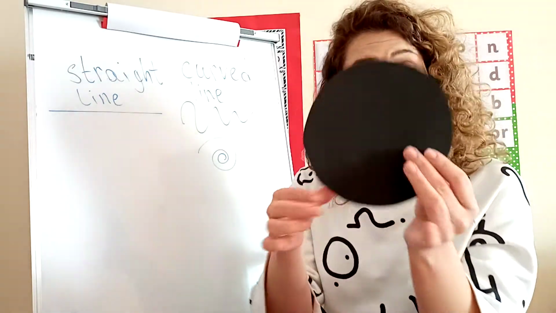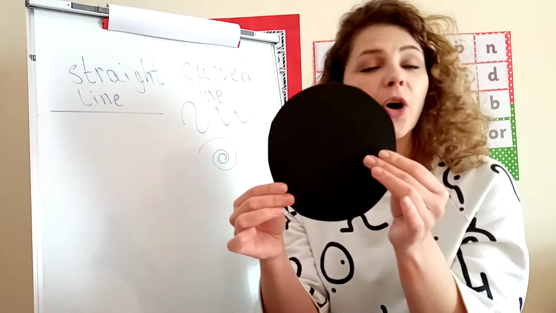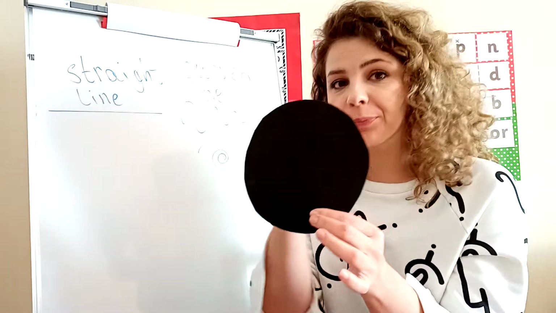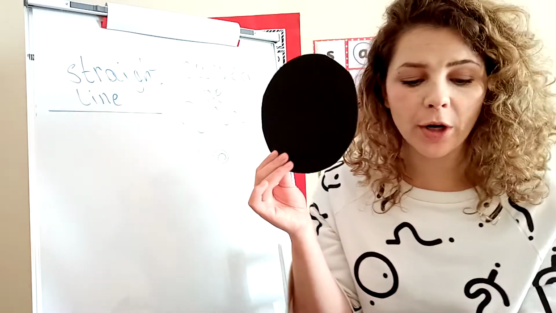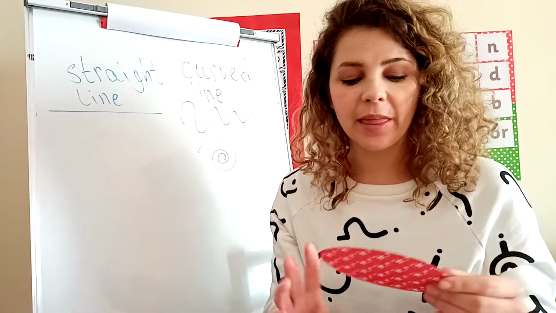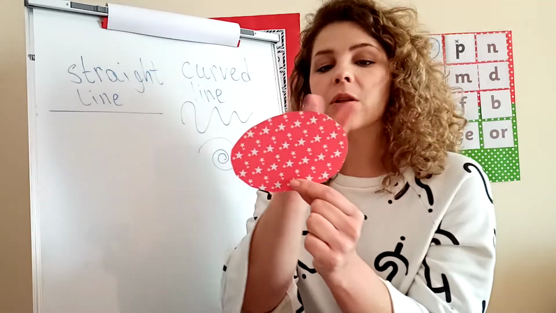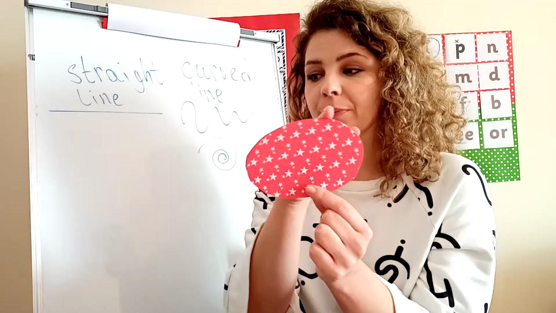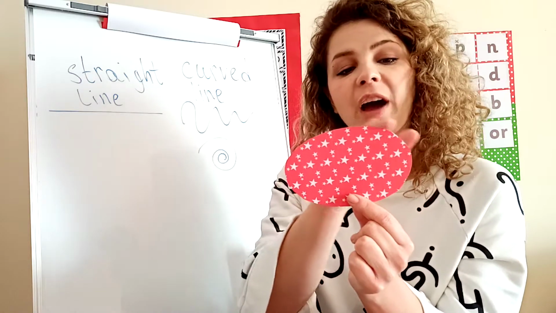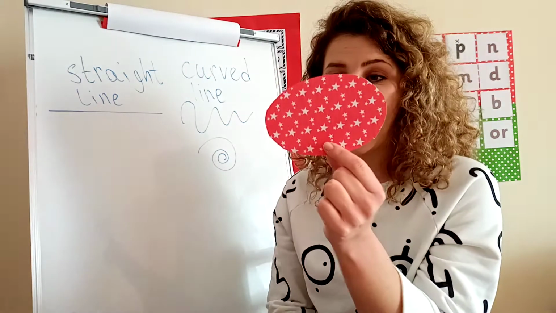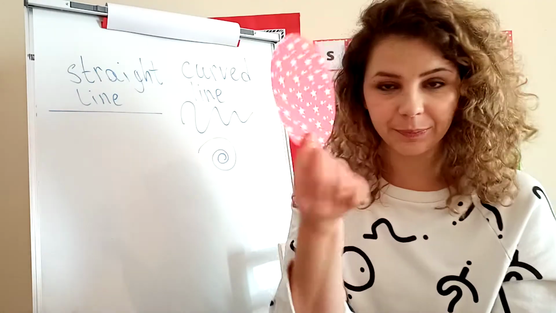Does it have any corners? No, it doesn't. So a circle has only one side and no corners. And then the similar thing goes for an oval. An oval also has only one side, which is made of a curved line, okay, and doesn't have any corners, okay?